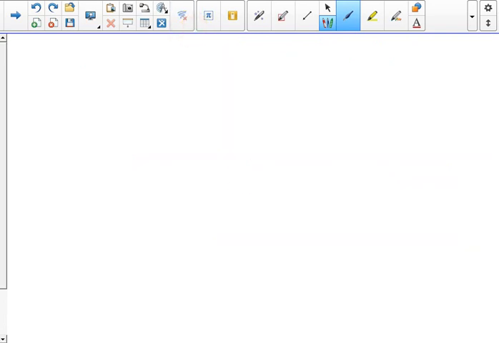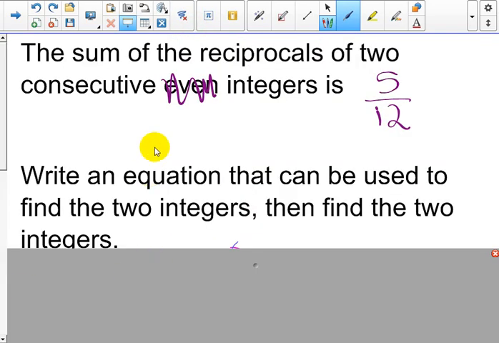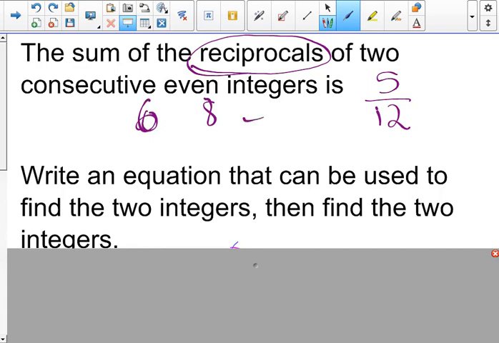But now this problem's not talking about integers. They're talking about reciprocals of two consecutive even integers. So if I had 6 and 8, now I'm talking about the reciprocals. 1 over 6 plus 1 over 8.